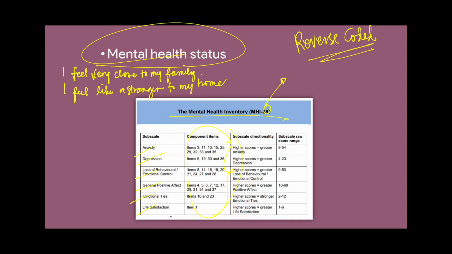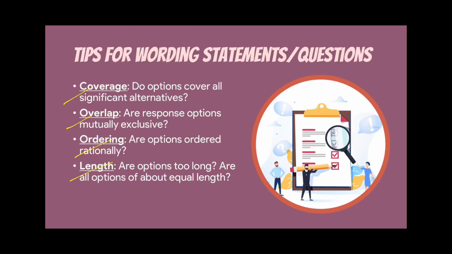All of the 38, they jumbled the order of the questions, and I think the idea for that is for the person who is answering not to gain some sort of mastery of the questions, which might cause bias. And length. Are options too long, or are all the options of equal length? If you say it's a 5-point Likert scale, all has to be 5-point Likert scale in the matrix.